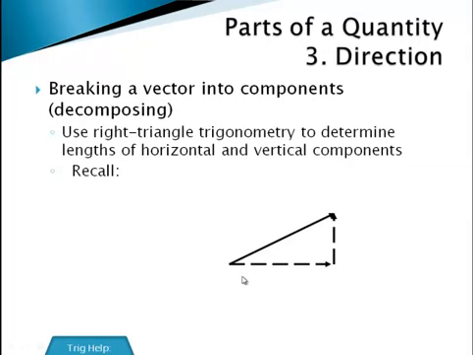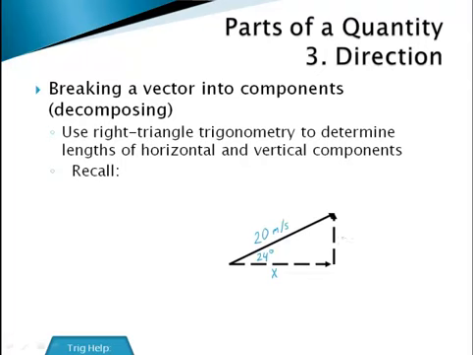Suppose I had a speed of 20 meters per second, and I know that the angle is 24 degrees. I'd like to figure out how much of this speed is due to horizontal and how much of this speed is due to vertical. To do that, I need to solve this particular triangle.